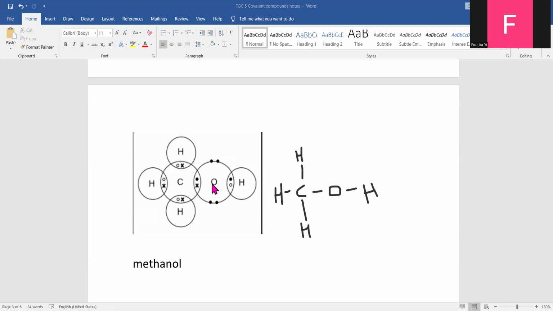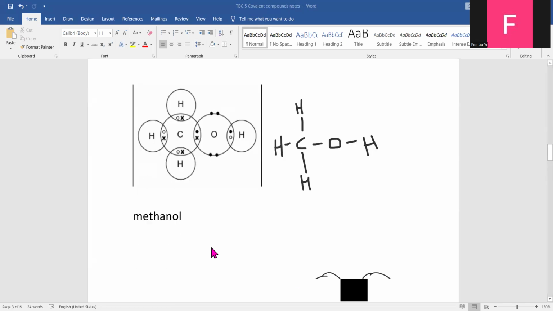The black dot here is oxygen's one. So it's to show that it's from a different element. The electrons are from different elements. Okay, Jay, understand now?